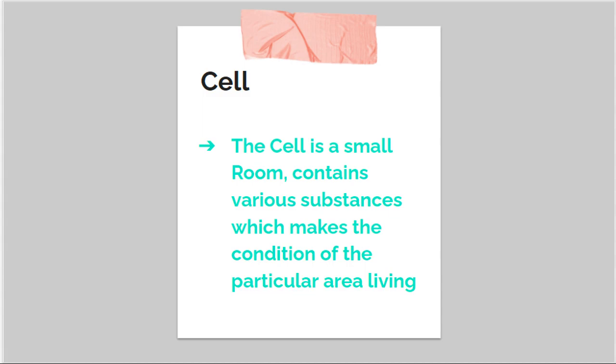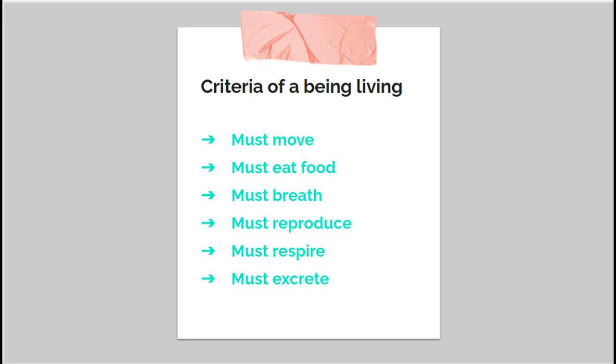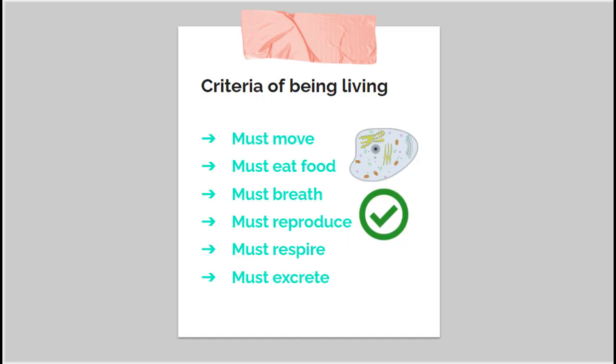The criteria are: the organism must move, the organism must eat food, the organism must breathe, must reproduce, must respire, must excrete. So we can say that the cell fulfills all these criteria.